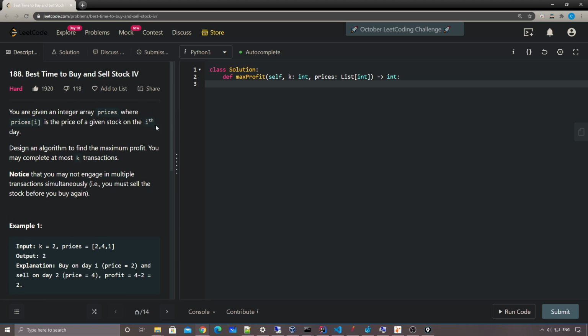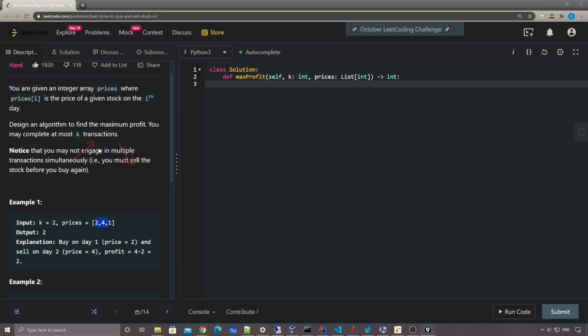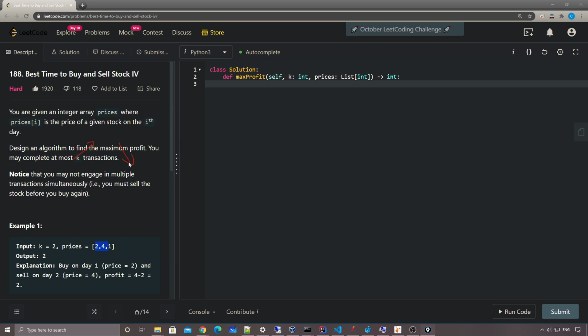The price could go up and it could go down. The constraint is that you are only allowed to buy and sell on separate days, which means you are not allowed to buy and sell on the same day.